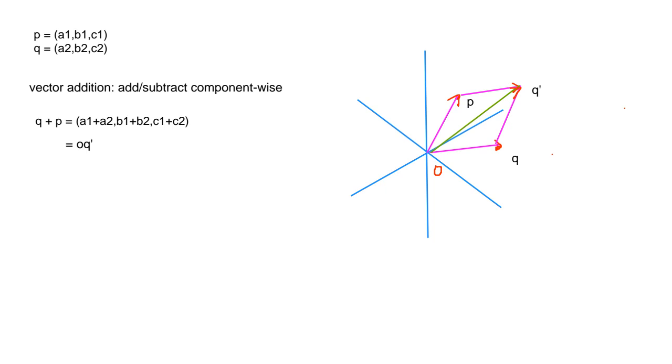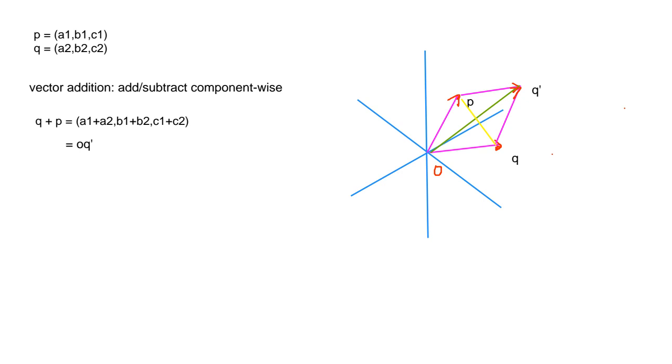The longer diagonal is the addition, and in the same way the shorter diagonal is the subtraction. Let's go to the color yellow again. So this one will be subtraction. Depending on the arrow, it could be P subtract Q, or it could be Q subtract P. So that's the geometric meaning of adding or subtracting two vectors.